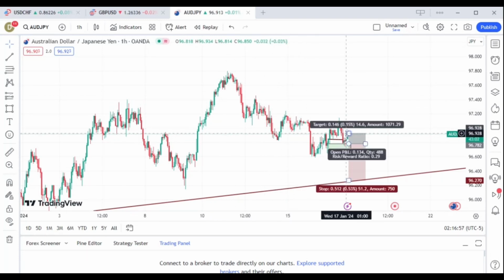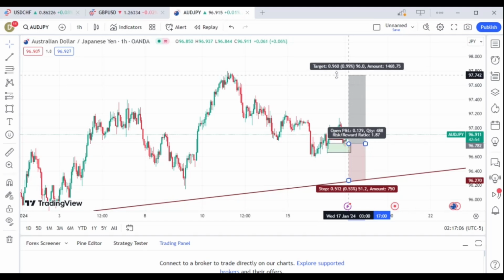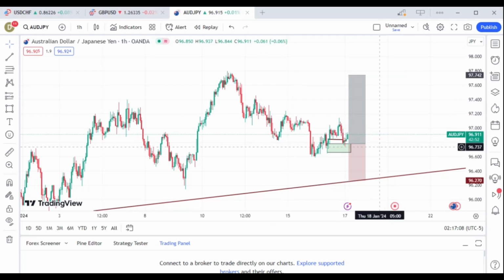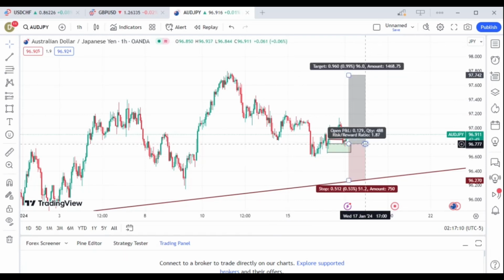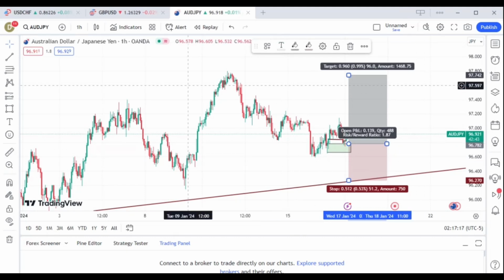So my take profit might be at this level here. This is where I'm looking for price to target, or give me a take profit.